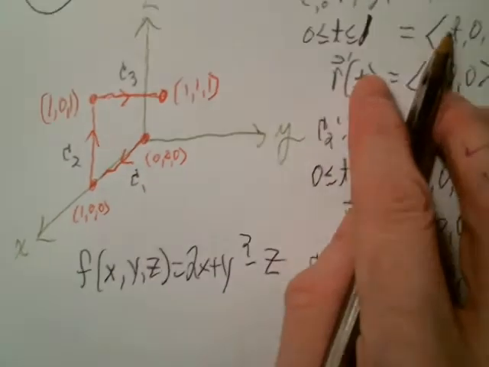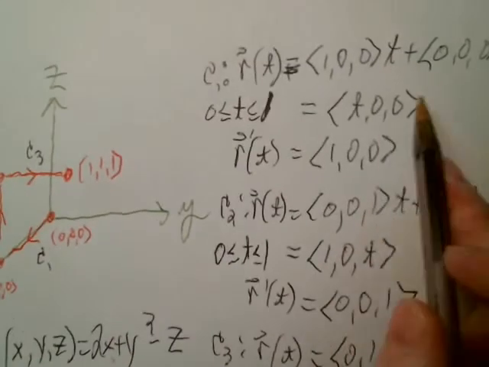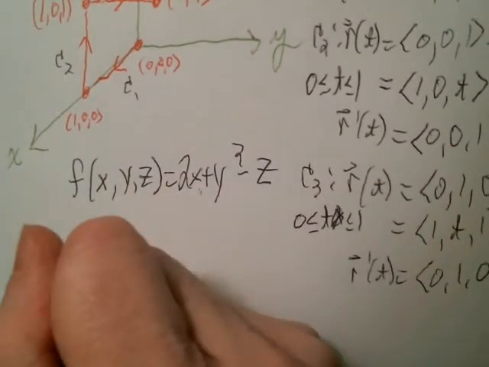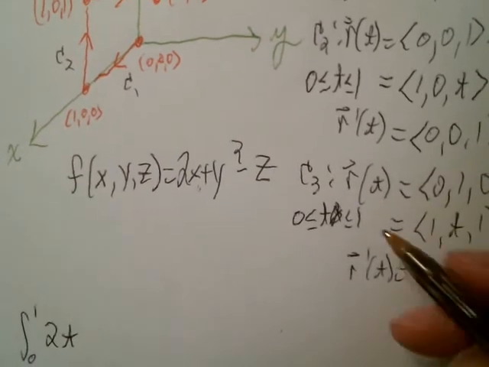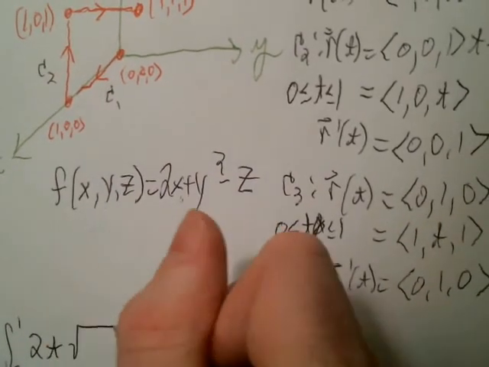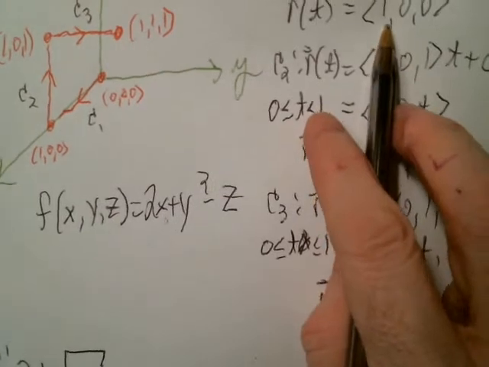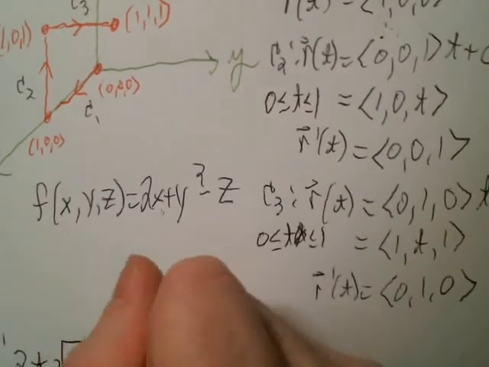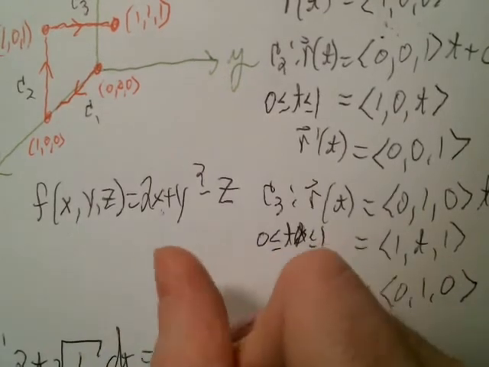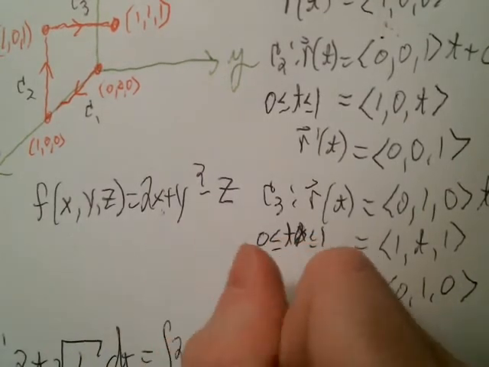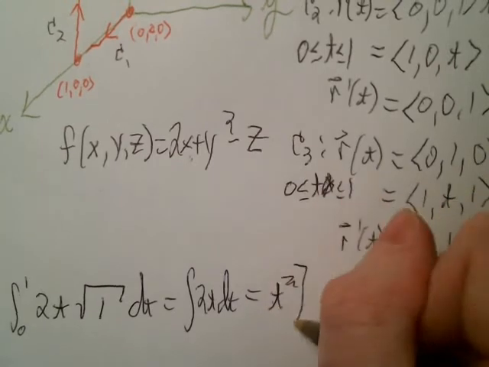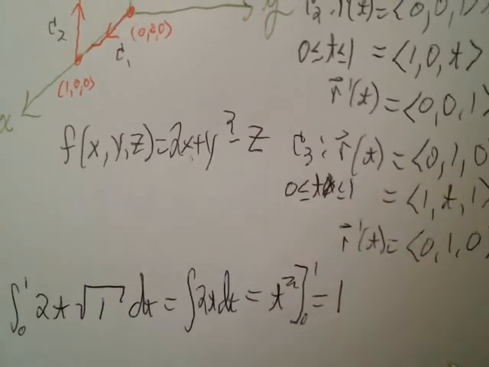So x is t, so I plug t in for x, and then y is 0 and z is 0. So these will just be 0. So you get 2 times x, which is now t, and then times the square root of the components of the derivative squared. So 1 squared plus 0 squared plus 0 squared is just 1, and then dt. Okay, so I have the integral basically of 2t dt, which will be 2t squared over 2, which is t squared, from 0 to 1, which is 1.